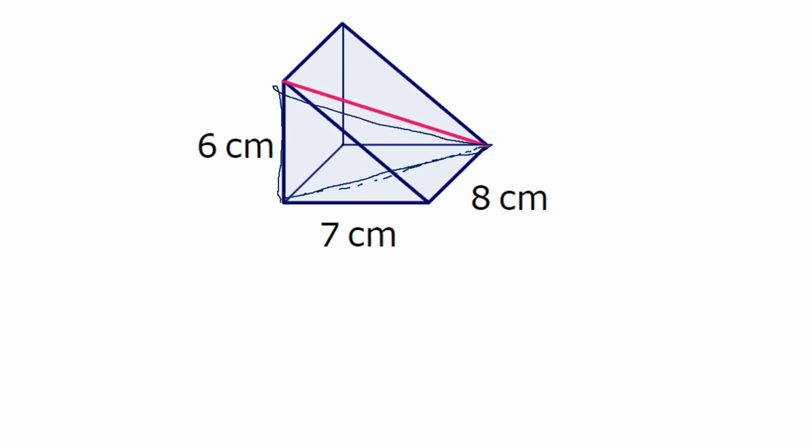So we need to work out what this hypotenuse here is. h squared is going to equal 7 squared plus 8 squared, which is the same as 49 plus 64, which is equal to 113. So h is equal to root 113.